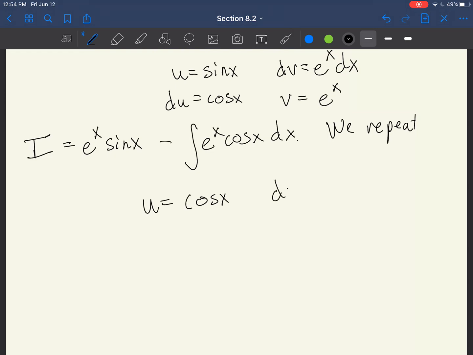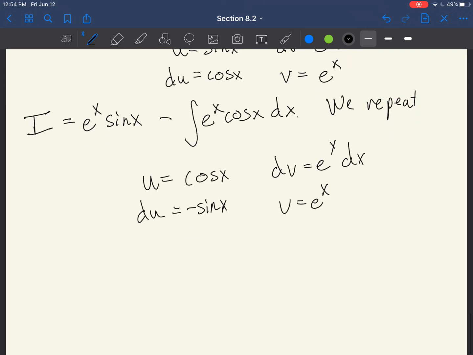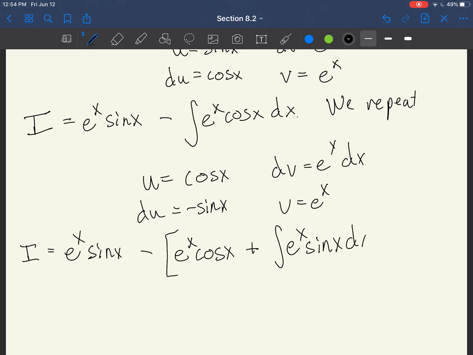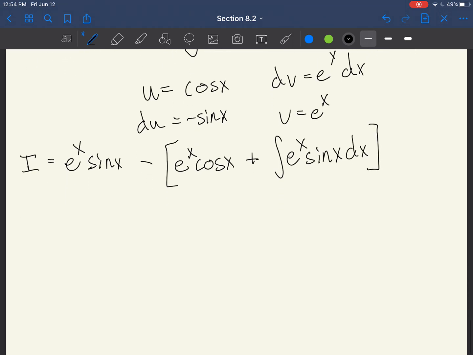In this case, we're going to let u equal cosine x and dv equal e to the x dx. So our integral I is e to the x sine x minus uv, which is in this case e to the x cosine x, minus the integral of v du, which is negative e to the x sine x, so that's plus this integral e to the x sine x dx.